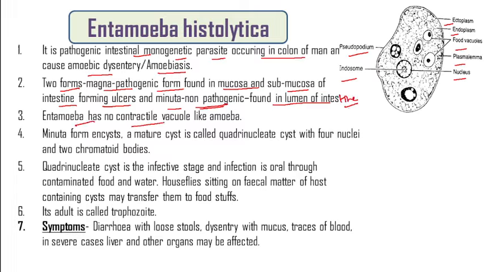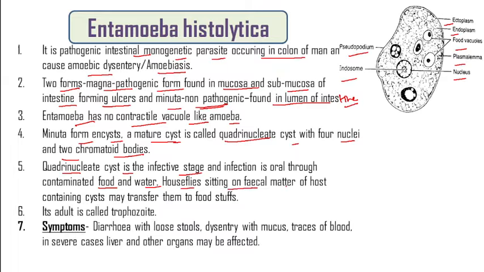Entamoeba has no contractile vacuole like amoeba. The minuta form and cyst. A mature cyst is called a quadrinucleate cyst with 4 nuclei and 2 chromatoid bodies. The quadrinucleate cyst is the infective stage, and infection is oral through contaminated food and water.